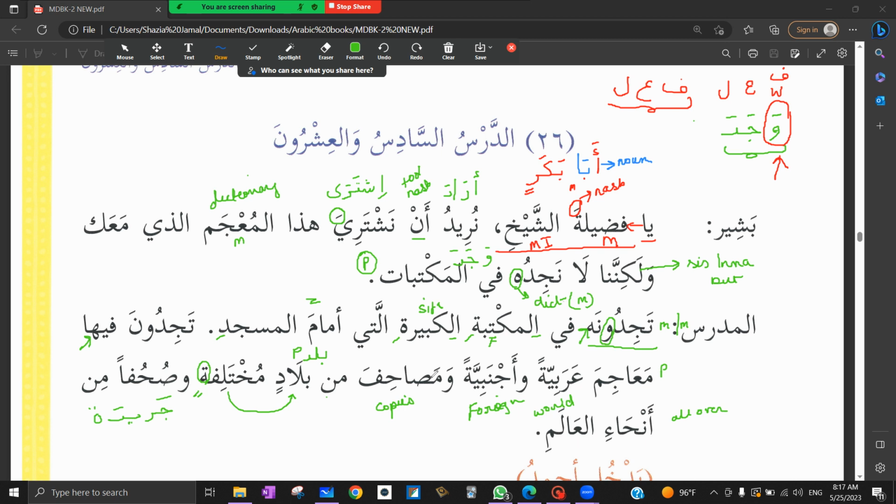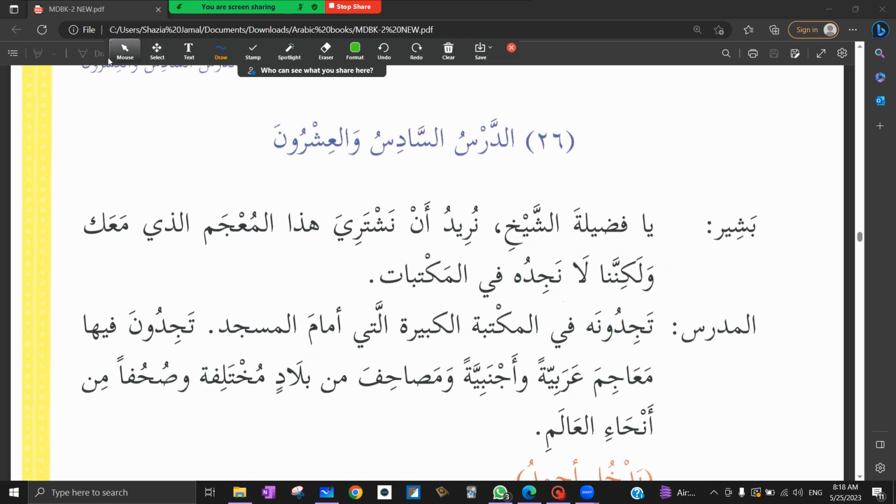Masahif comes from mushaf. This is the singular, this is the plural. Min bilad mukhtalifa means different countries. And newspapers, suhufan min anha'il alam, all over the world. So this is the information the teacher gave. So I'm going to clear this drawing and move ahead with the next portion of the lesson.